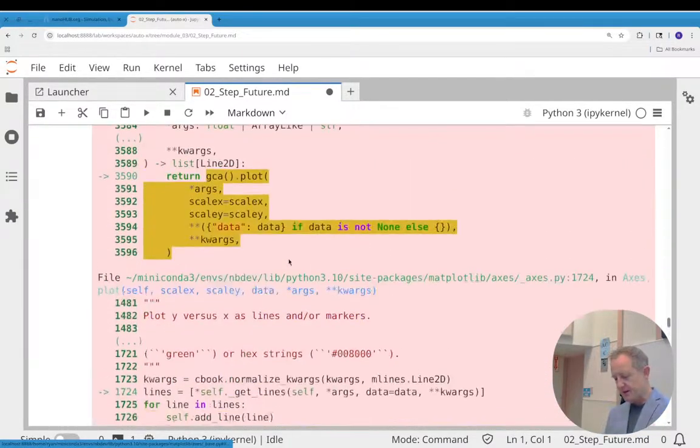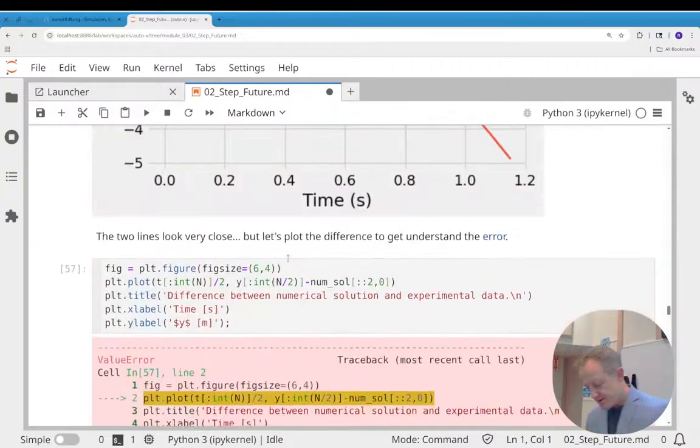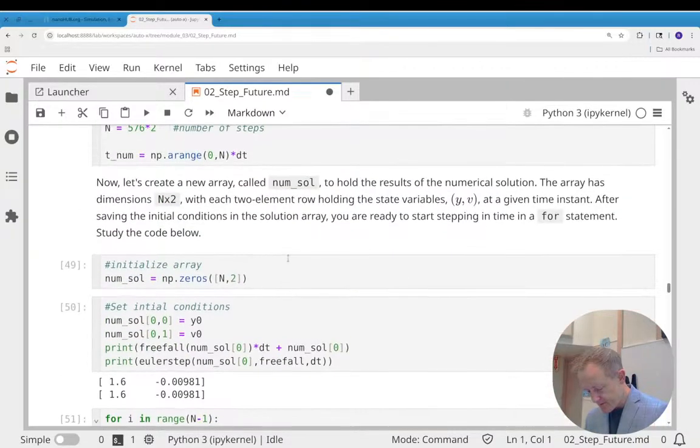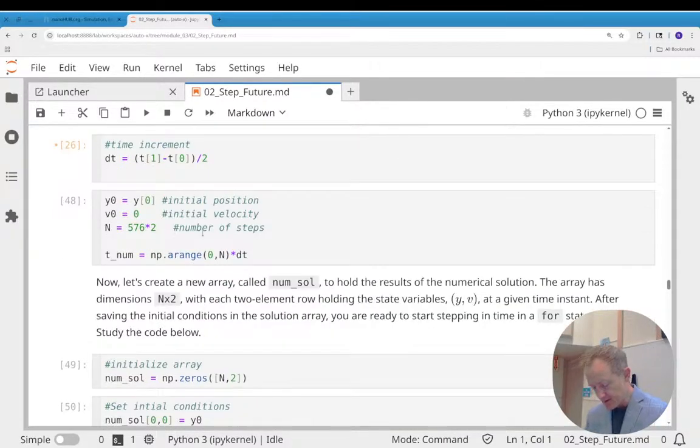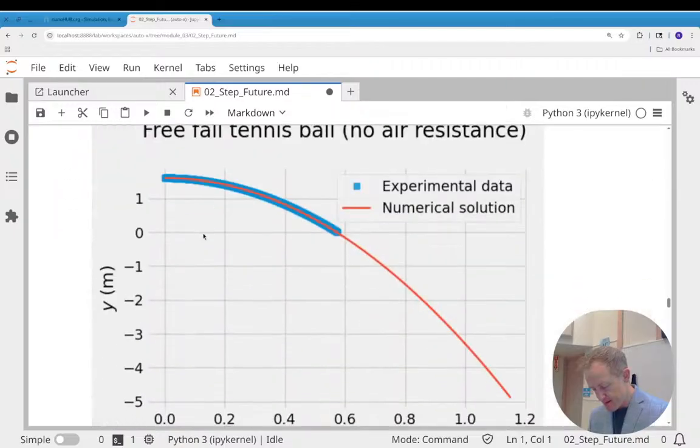I'm messing something up with my fancy code in here. T-num?